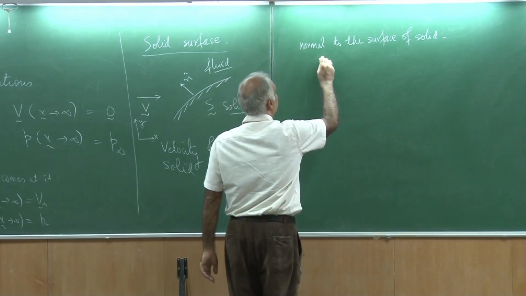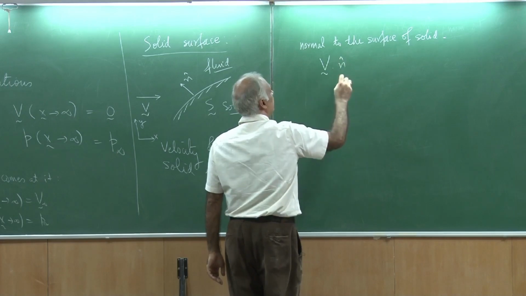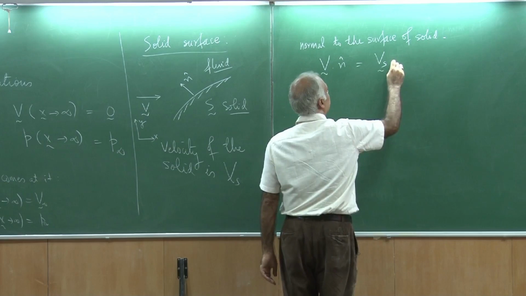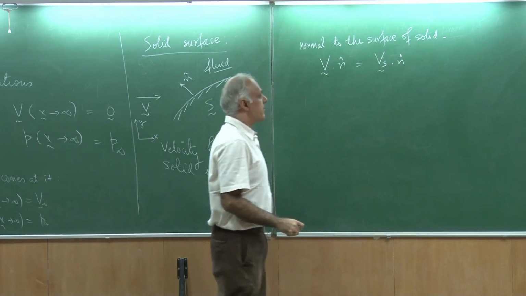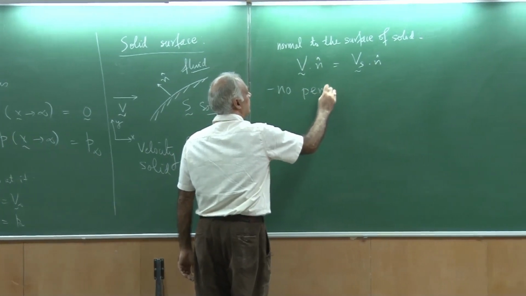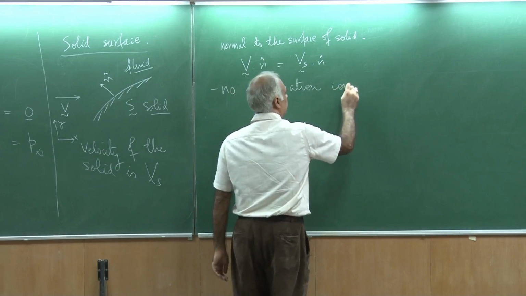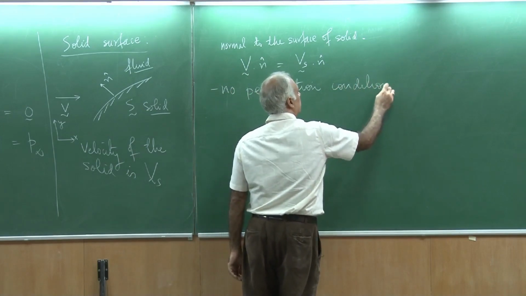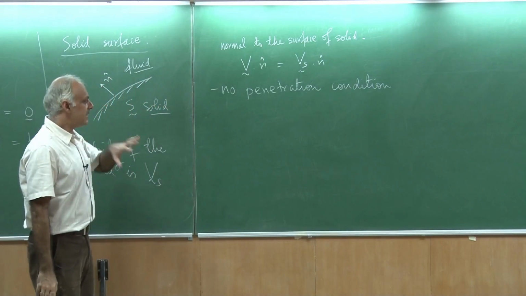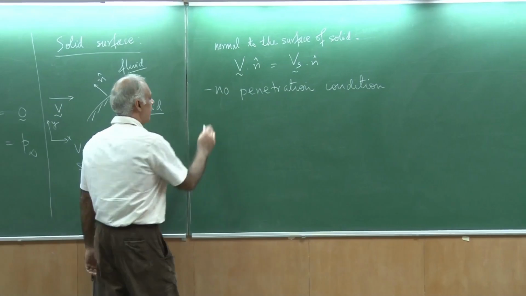So V dot n is equal to Vs, the solid surface, dot n. This is known as the no penetration condition. So if I have a solid surface, then the fluid cannot go inside it.